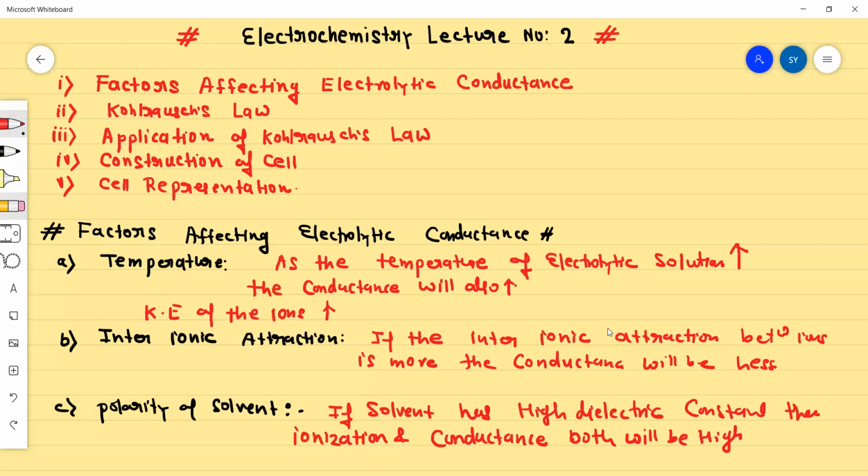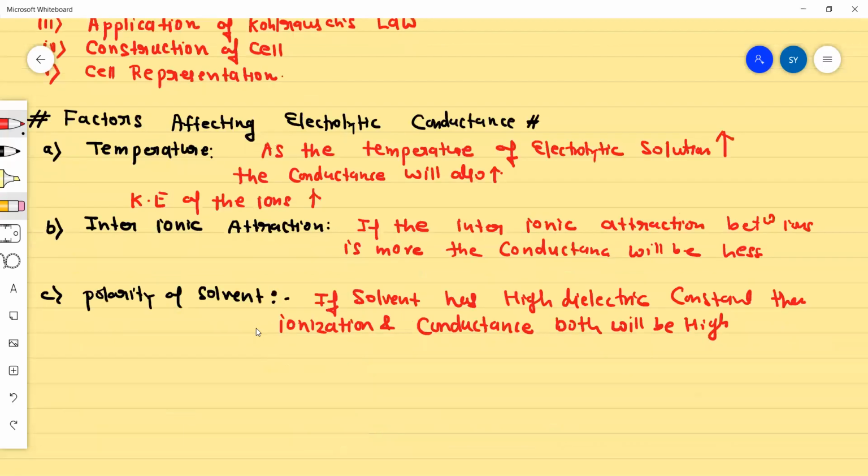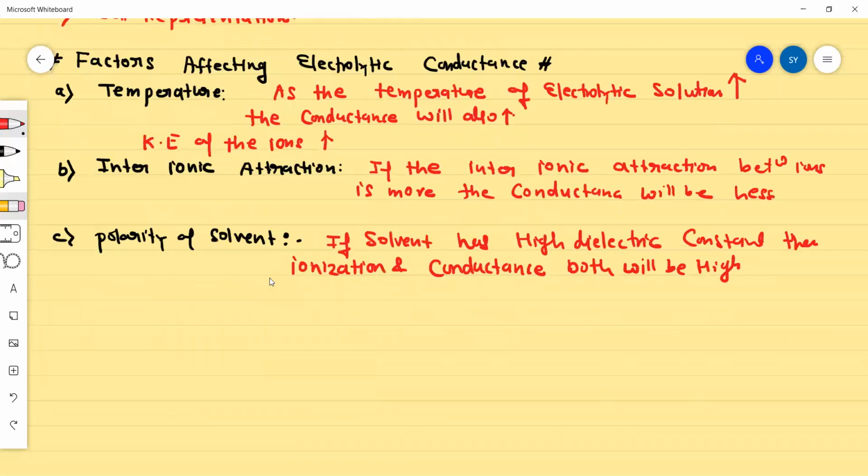After that, you have the viscosity of the medium and the dilution. There are two more factors which can affect the electrolytic conductance. Now see, there is the viscosity of the medium. As the viscosity of the medium increases, the conductance decreases, because the freedom of the ions is getting less and less. They are very much concentrated at one particular point.